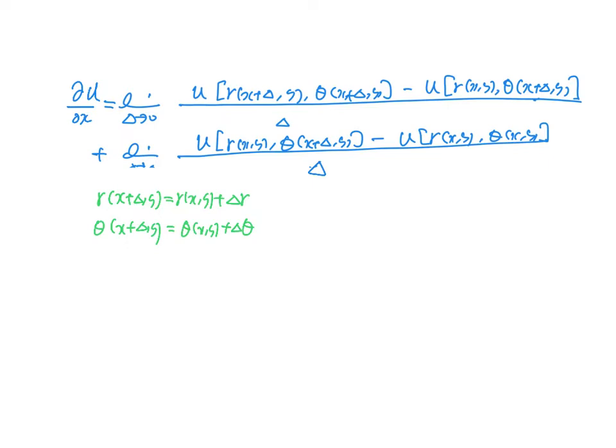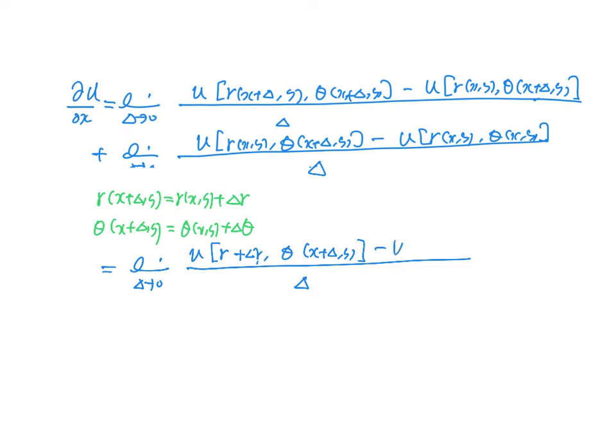So the first term becomes this: the limit of u(r plus delta r, theta(x plus delta x, y)) minus u(r, theta(x plus delta x, y)).